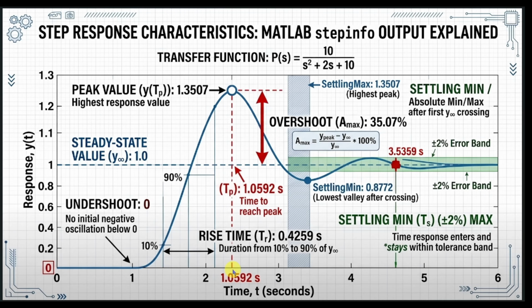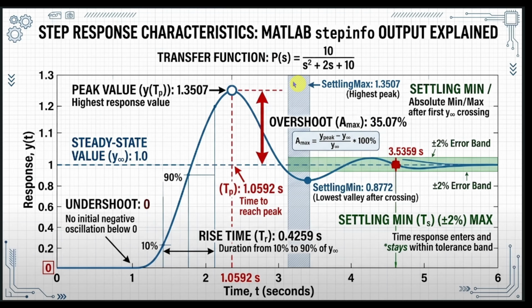Because our target was 1.0 and we hit 1.35, the vertical difference gives us our overshoot percentage. As you can see from the red arrow, this system overshoots its goal by a massive 35%. After that massive peak, the system oscillates.